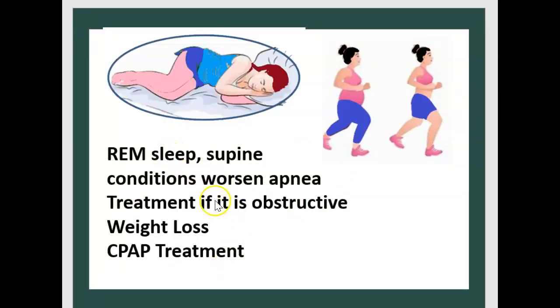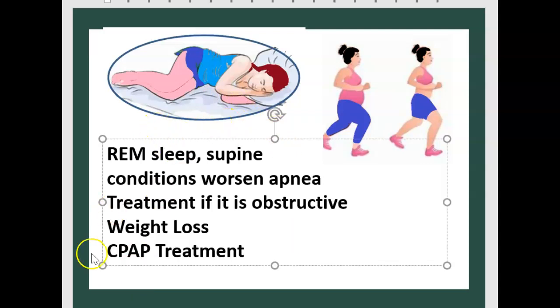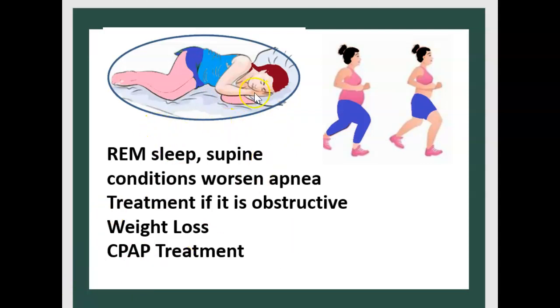To treat obstructive sleep apnea, note that during REM sleep the supine condition worsens the apnea, and in order to avoid it, it is recommended to sleep on the side and to lose weight.